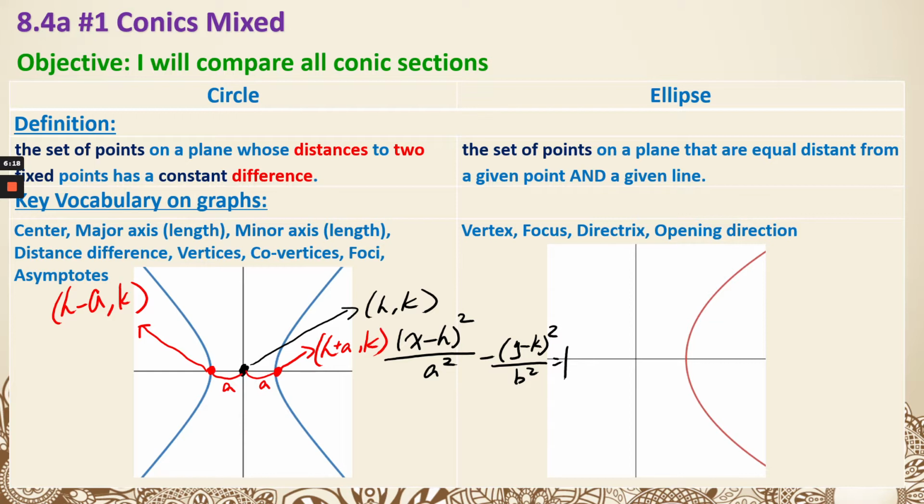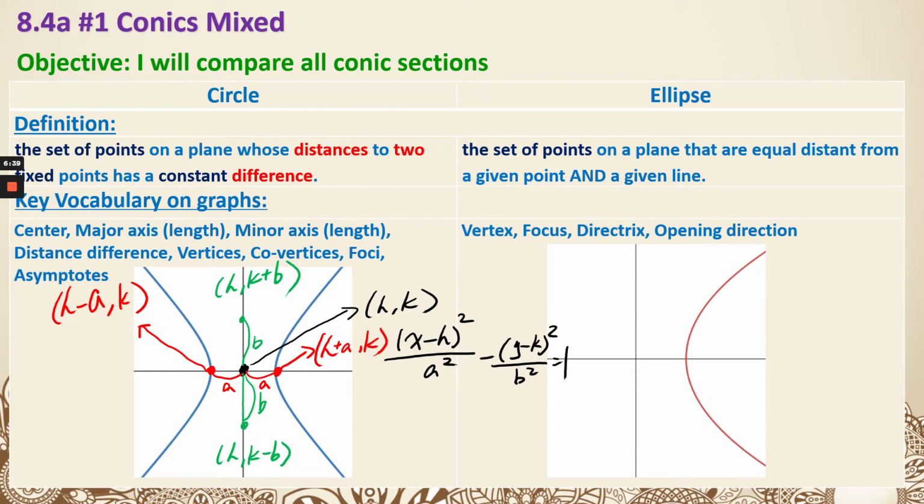Next, my co-vertices. Up b and down b. So that means my points are going to be (h, k plus b) and (h, k minus b).